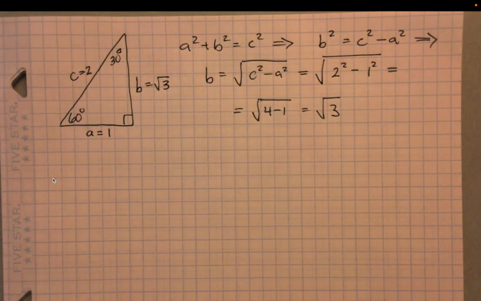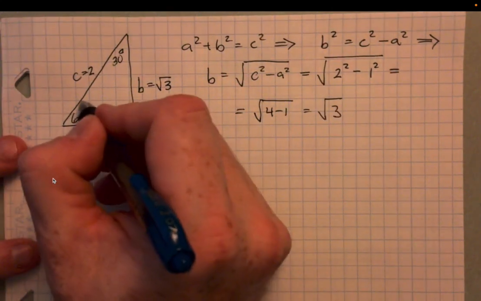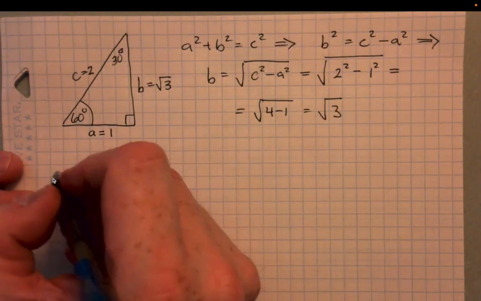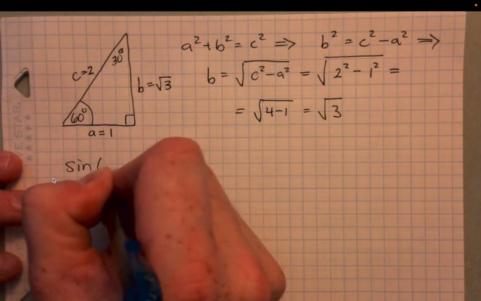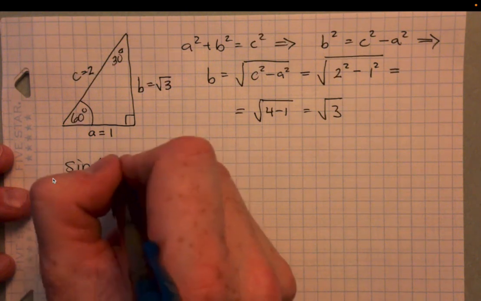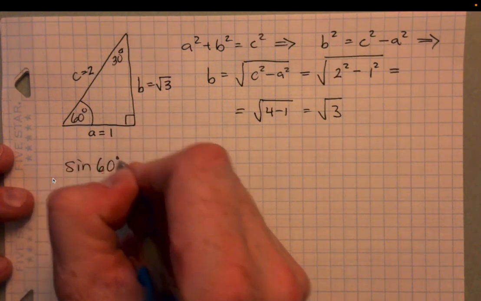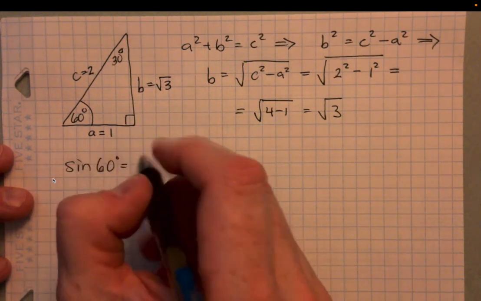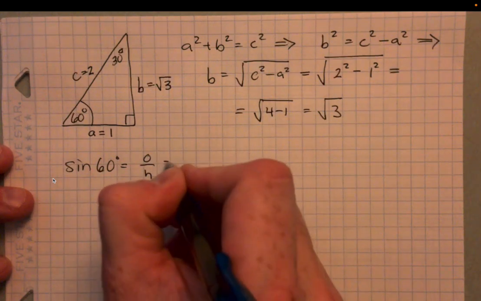All right, so now I know all three sides of the triangle. I can use right triangle trigonometry to identify all of the values of the trig functions. We'll start with 60, so we'll start with this angle, and just know we're also talking about pi over 3, but I'm just going to use the degree notation. So sine of 60 will be opposite over hypotenuse.